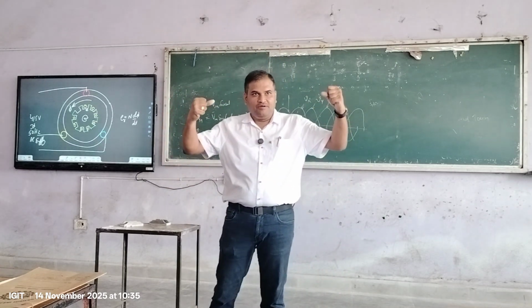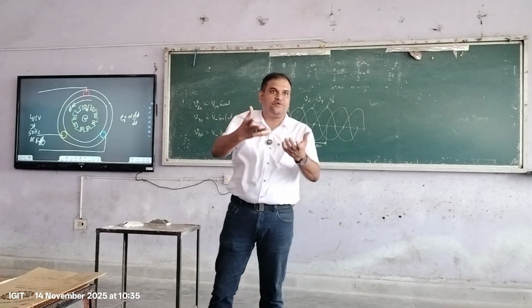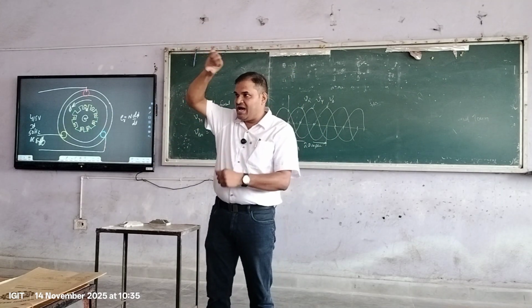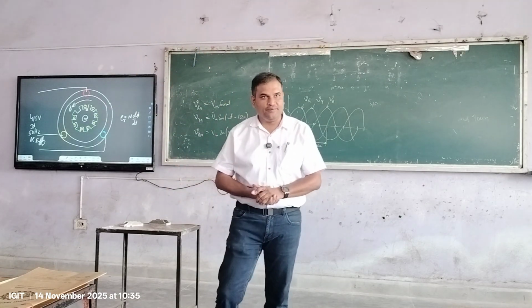Magnetic field is there, but this field, north and south pole, itself rotating. You imagine the magnet is there, but magnet itself is rotating at the speed of 1500 RPM or 3000 RPM.